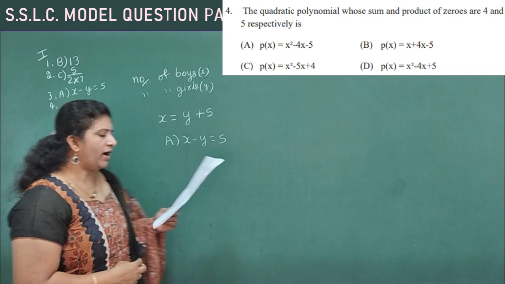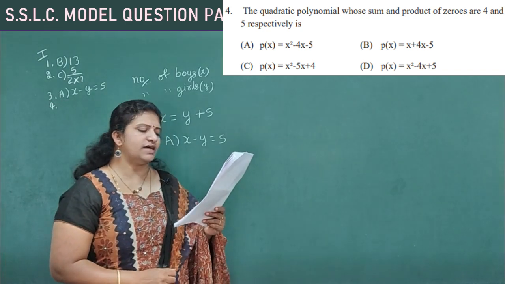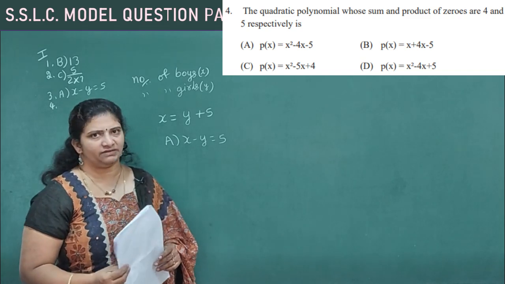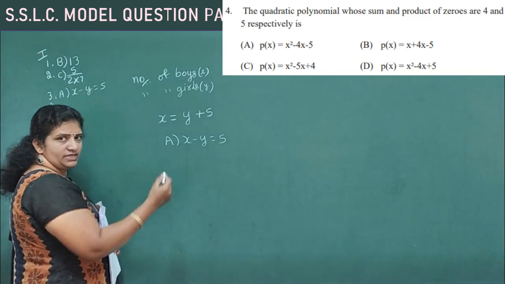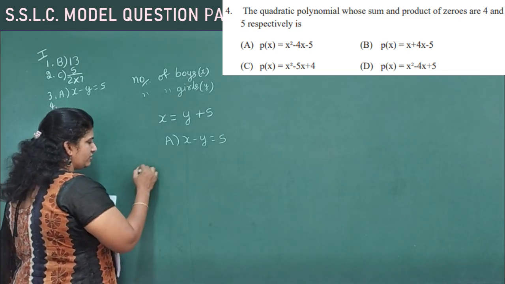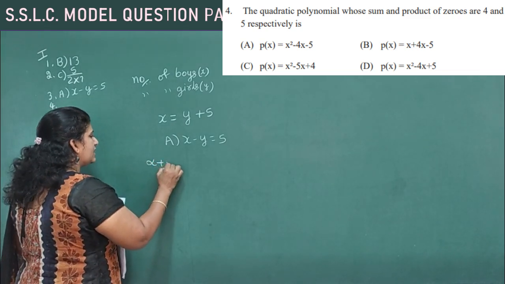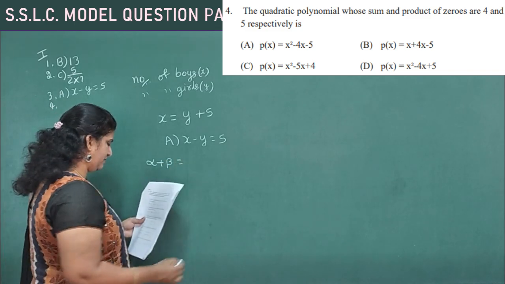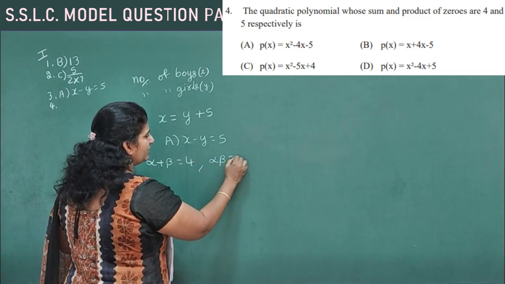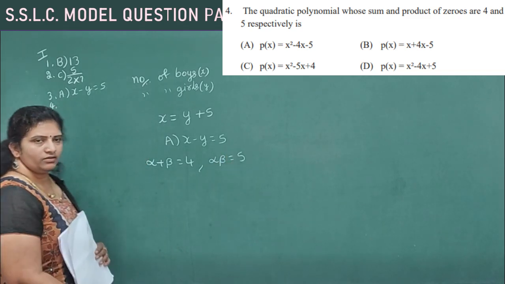Fourth one, the quadratic polynomial whose sum and product of zeros are 4 and 5 respectively. Sum of the zeros and product of the zeros given. So let the two zeros be alpha and beta. Sum of the zeros alpha plus beta is equal to 4 and product of the zeros alpha beta is equal to 5.